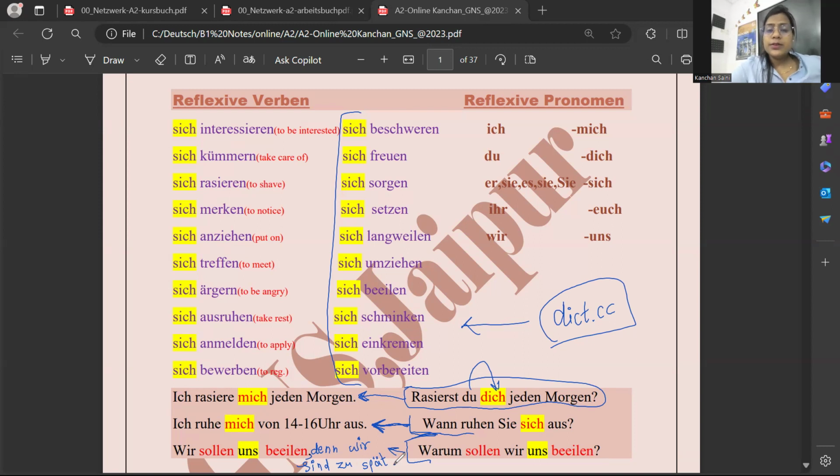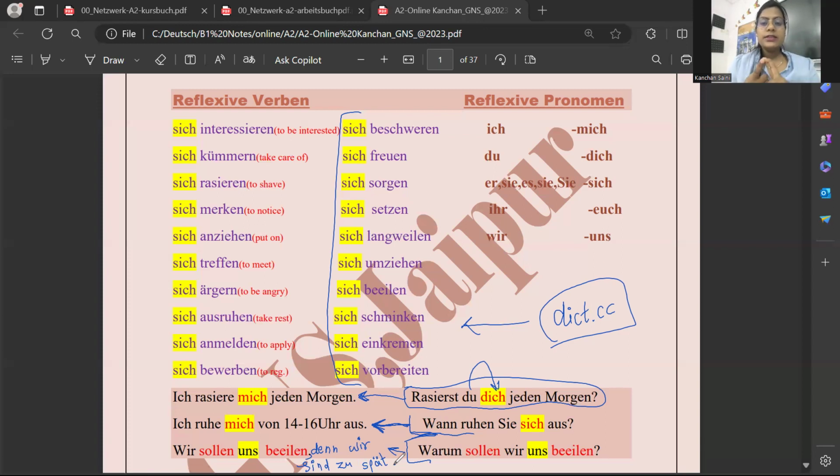We should hurry up because we are too late. So here we can use the connector denn, which means because. So this is something about reflexive verbs.